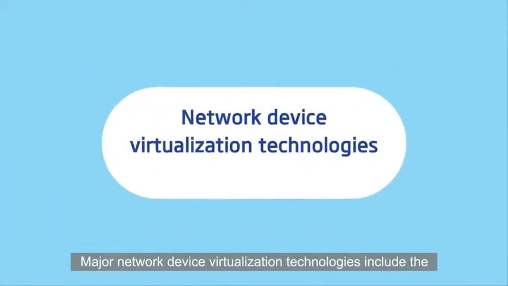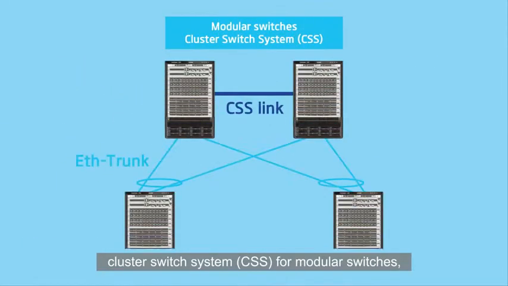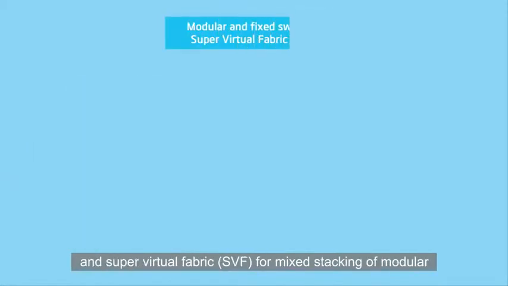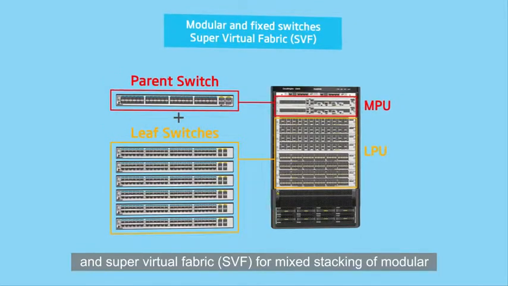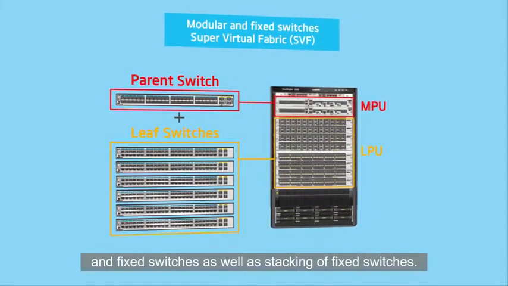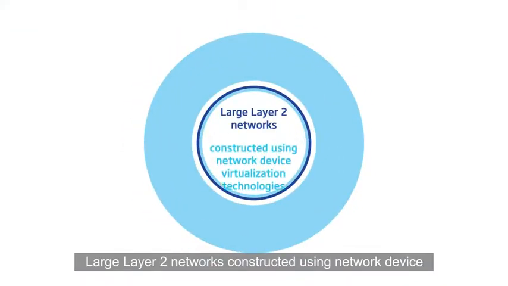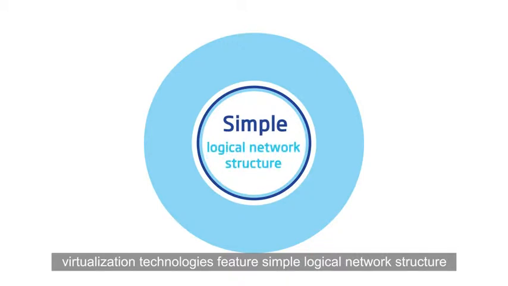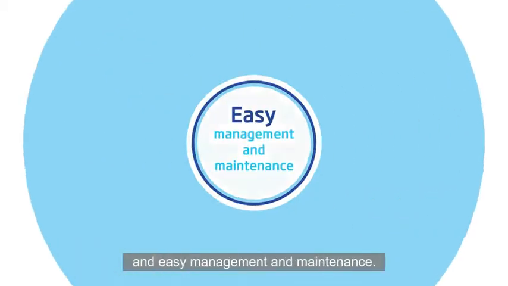Major network device virtualization technologies include the cluster switch system for modular switches, intelligent stacking for fixed switches, and super virtual fabric for mixed stacking of modular and fixed switches, as well as stacking of fixed switches. Large Layer 2 networks constructed using network device virtualization technologies feature simple, logical network structure and easy management and maintenance.